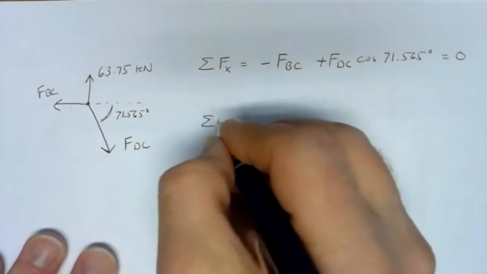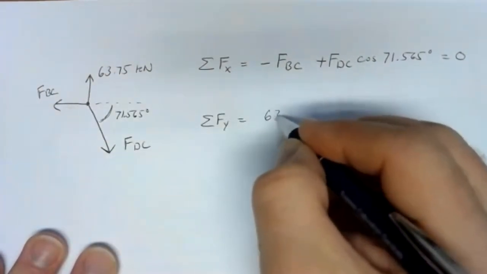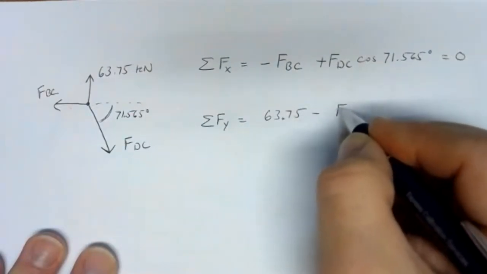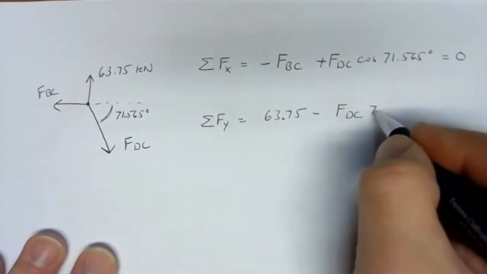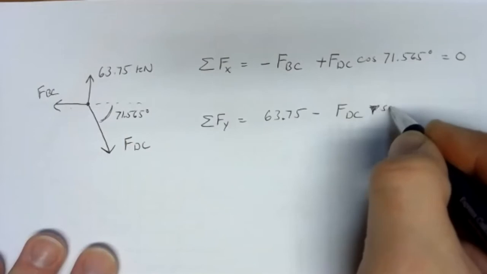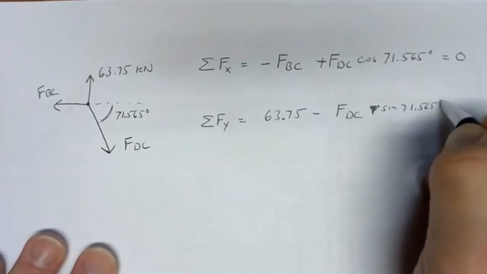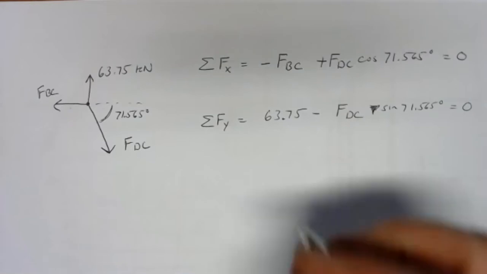We can do our sum of forces in the y direction, where we've got 63.75 up, and we've got the sine piece of FDC down. That's sine 71.565 degrees. So there we've got our equations of equilibrium. We can solve y pretty quickly.